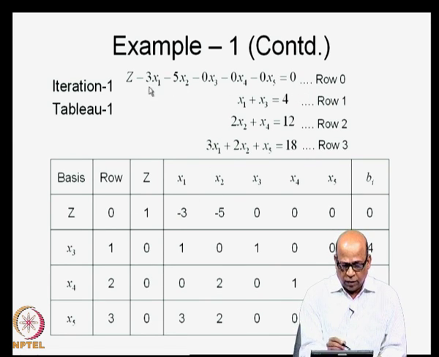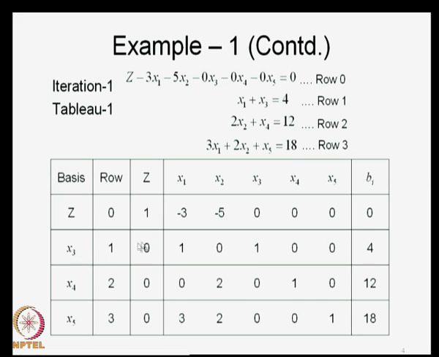I am sorry, here you just look at the coefficients of x1. Let me repeat that. The coefficient of x1 in row 0 is -3. In row 1 it is +1, in row 2 it is 0, in row 3 it is 3. This is what you write here.